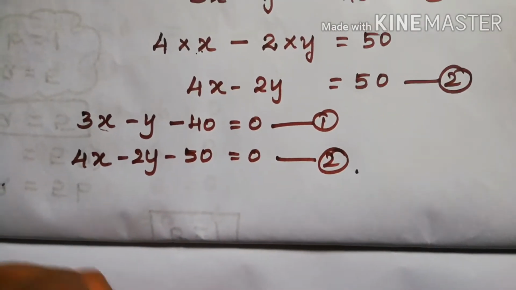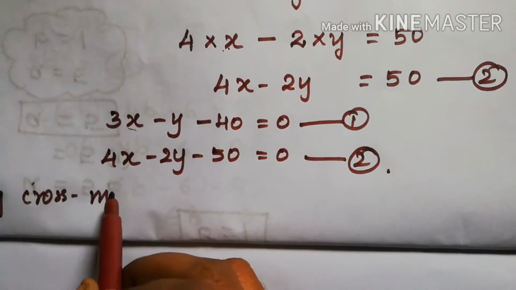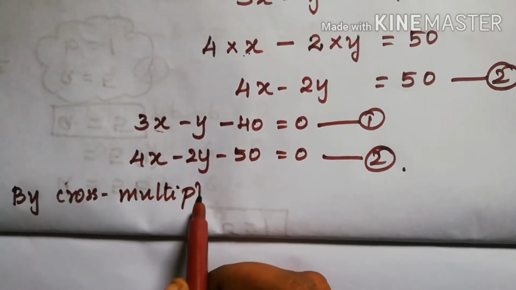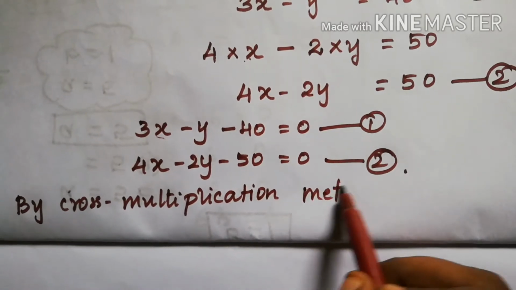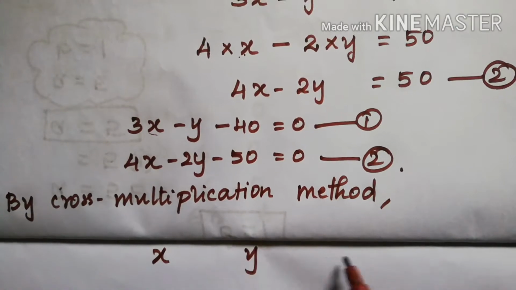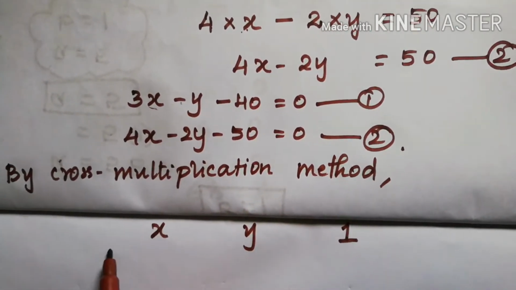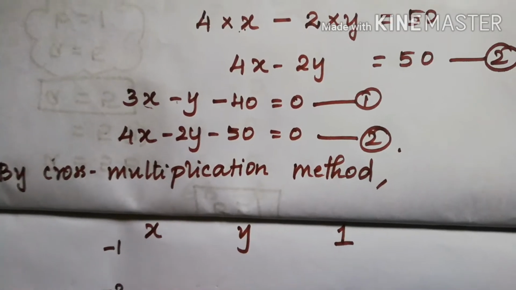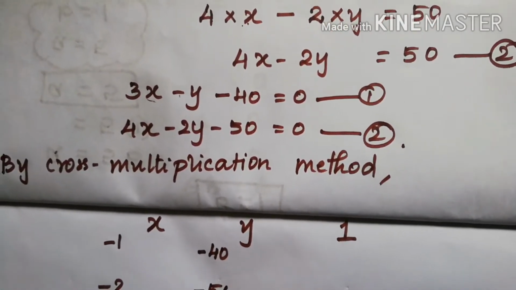Now for the cross multiplication method, first write x, y, constant. First begin from the y coefficient. Here what is it? Minus 1, minus 2. Constant: minus 40, minus 50.